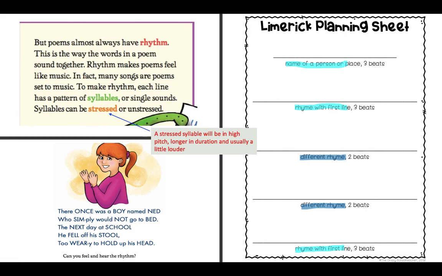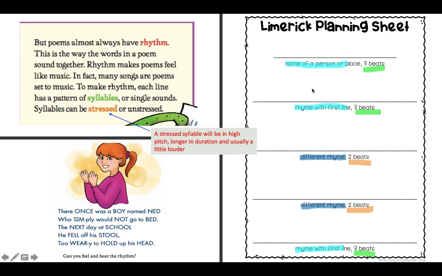With rhythm, you'll notice that this poem is going to have 3 beats in the first line, 3 beats in the second line, and 3 beats in the last line. And the two middle lines will only have 2 beats. We'll talk about how we can identify the beats.